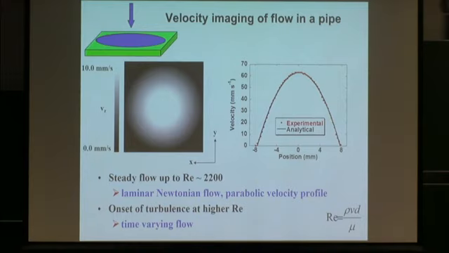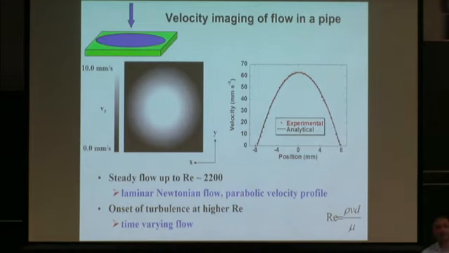Now, for laminar flow, for low Reynolds number flow, there's an analytical solution to that. It should be a parabola, Poiseuille flow. And if we take a line out of there, I've plotted the data points and put the analytical form on there as well. And you can see that it is a highly quantitative technique.